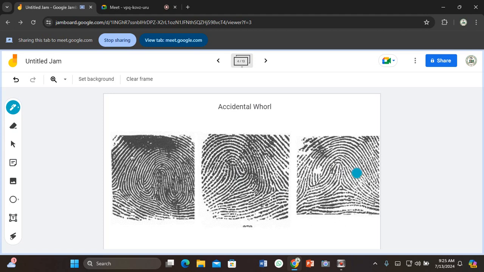Now look at this third one also. The third one has an arch, a tented arch, and a loop. This is a loop on its own, and this is an arch, a tented arch.